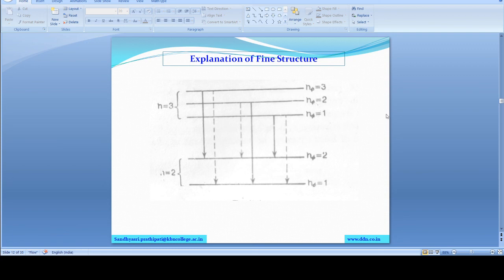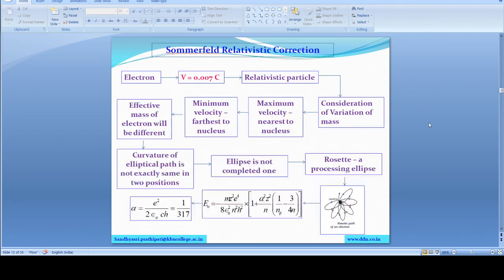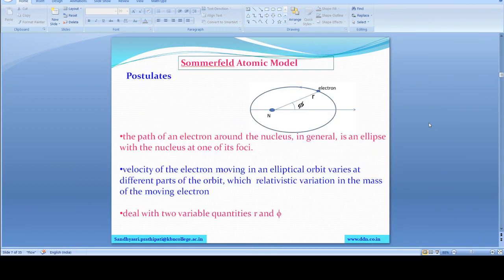Why is it so? We'll go to the first slide. Here is phi. n phi is the phi related quantum number. If n phi is equal to 0, the radius is here, with no phi. So the electron is on the major axis.